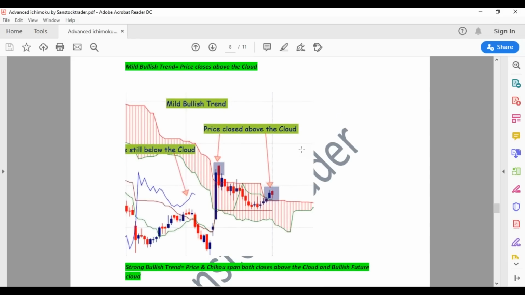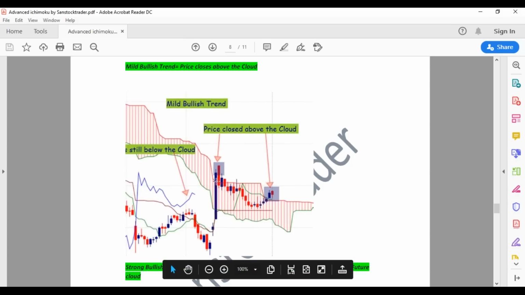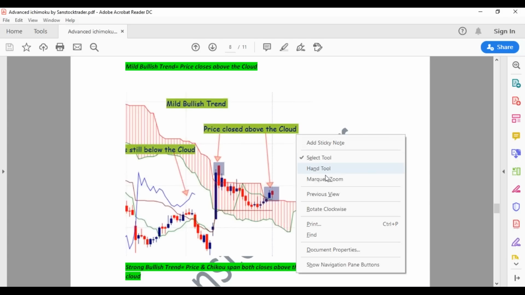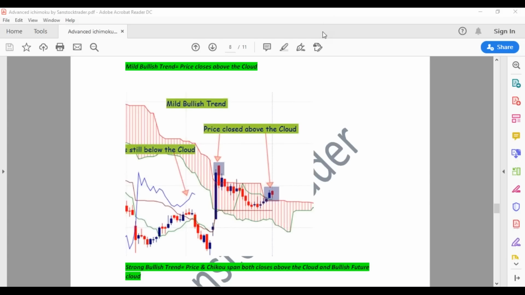When price crosses the cloud, it is considered bullish, but the real bullish trend starts only when price, along with the Chikou Span, crosses the cloud. It is clear from this chart. In this candle itself, price closed above the cloud. But look here: when price closed above the cloud, the Chikou Span was very much below the cloud.